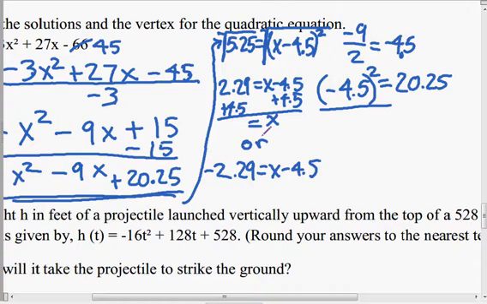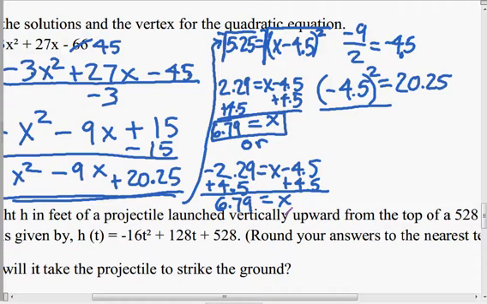And I get x equals 6.79. Or, I'm sorry. I actually have 4.5 now minus 2.9.